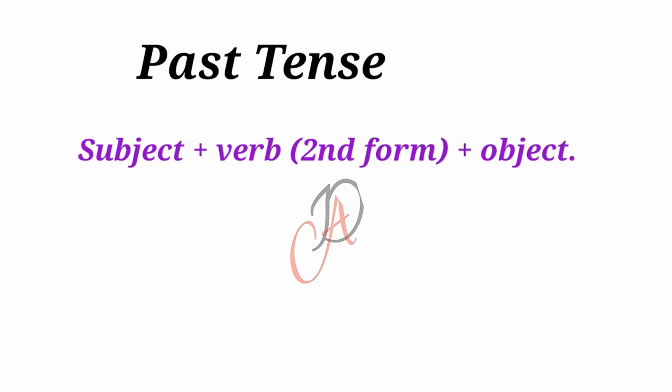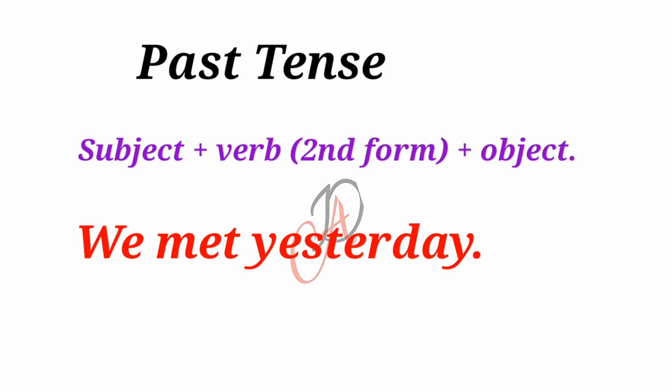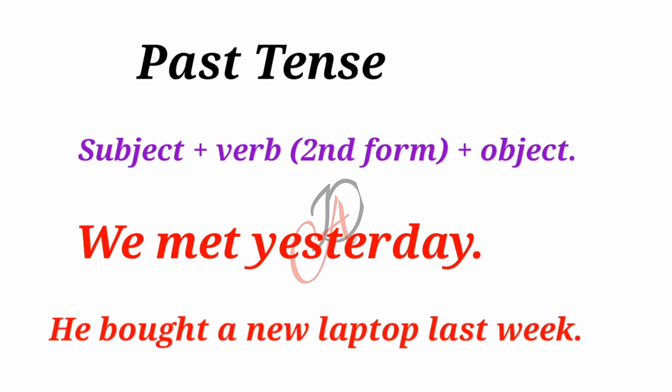The examples of past tense are: we met yesterday, and the second example, he bought a new laptop last week. In both examples, we can see the subjects we and he followed by verb 2, that is, met and bought, and the verb is followed by the objects, yesterday and laptop.